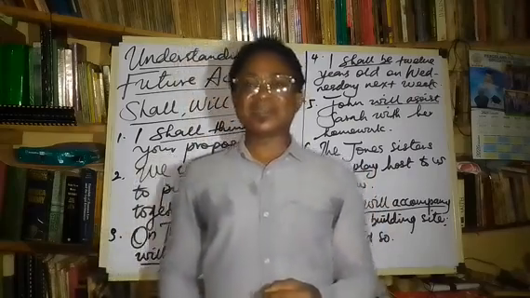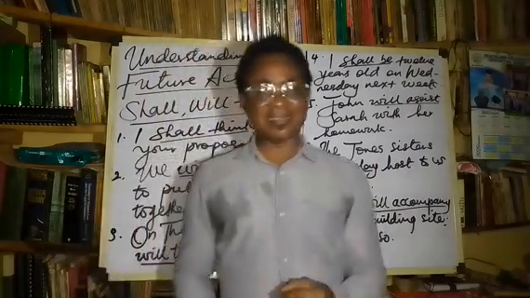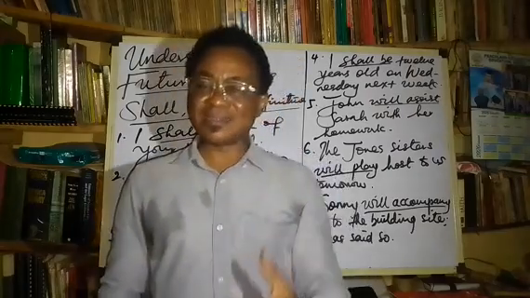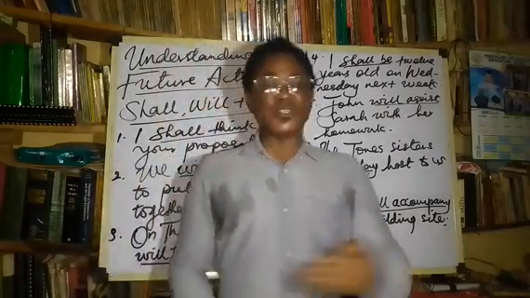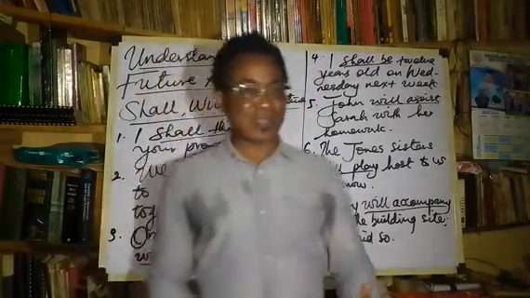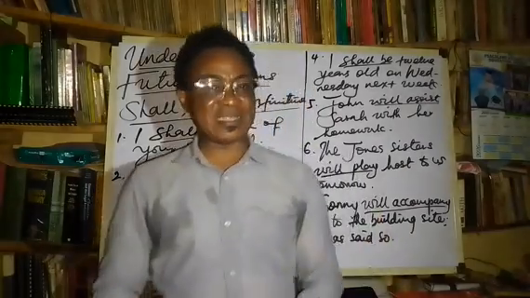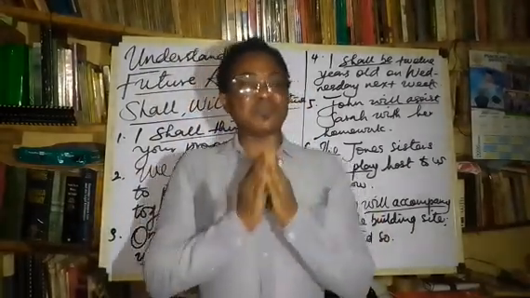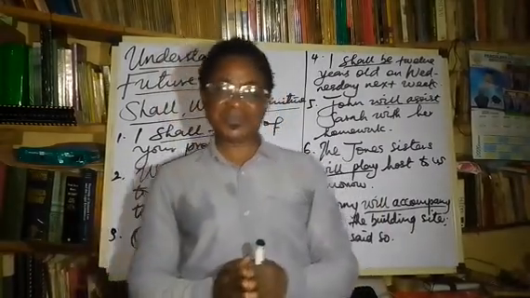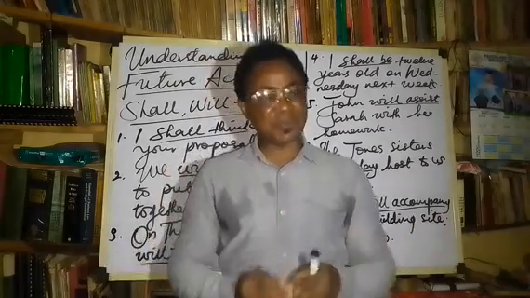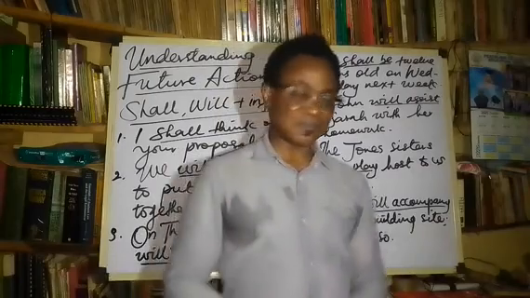But if a speaker says, I will, we will, he will, she will, they will, you will, the speaker is expressing a willingness on the part of the person spoken about. A willingness, a promise to do something in the future. Now let us go on.